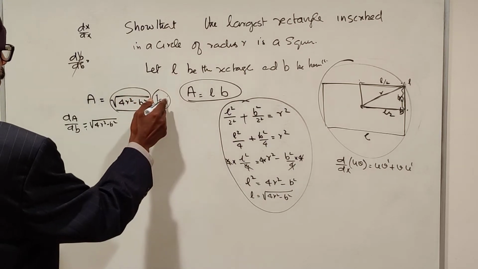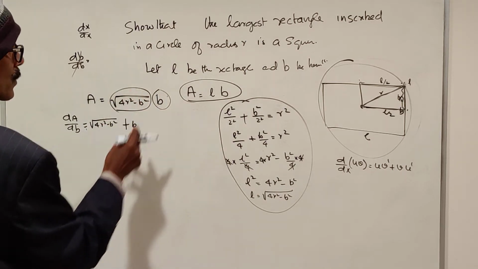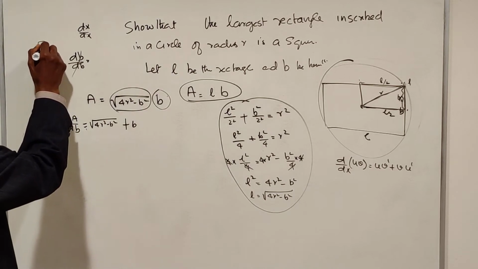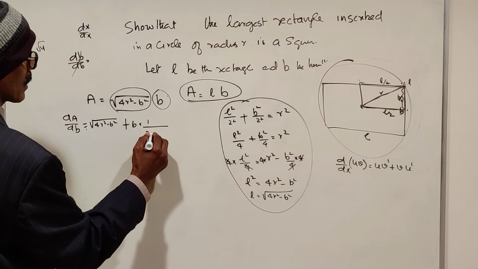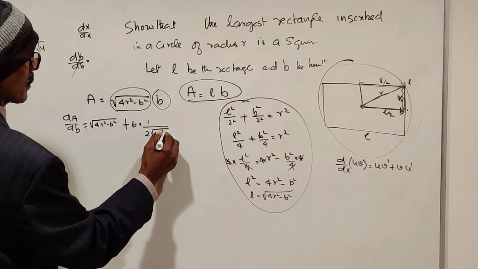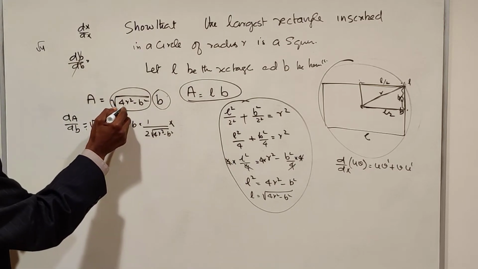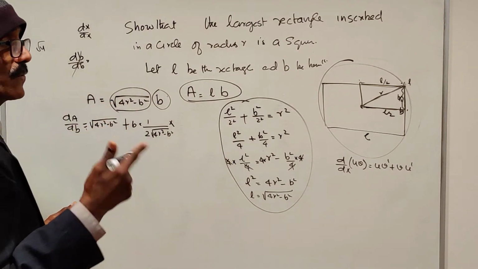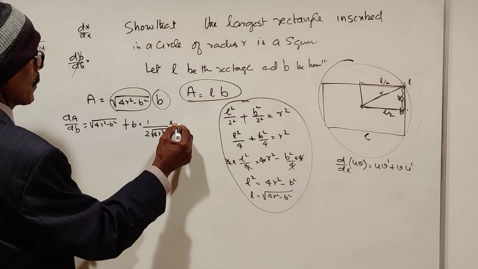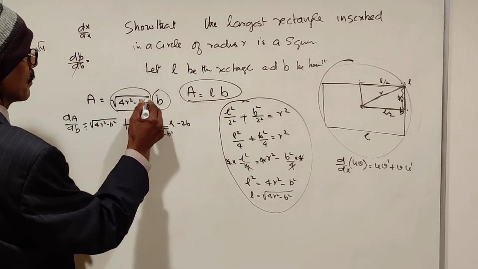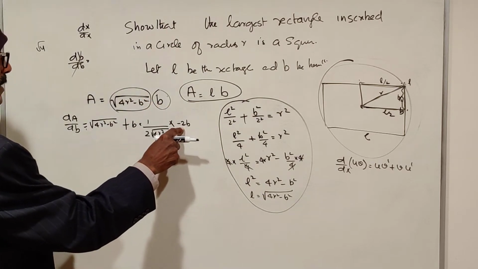First function B, derivative of the second, plus the second function into the derivative of B, which is 1. What is the derivative of square root of u? 1 by 2 root u. That is a formula. So 1 by 2 square root of 4R square minus B square into the chain rule. 4R square is a constant, so its derivative is 0, and the derivative of minus B square is minus 2B.